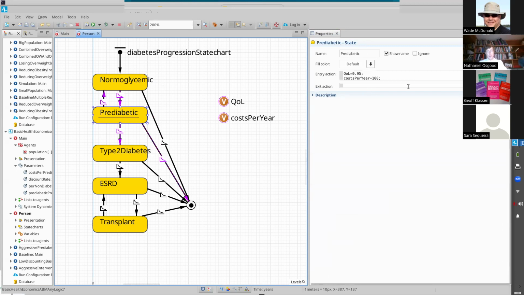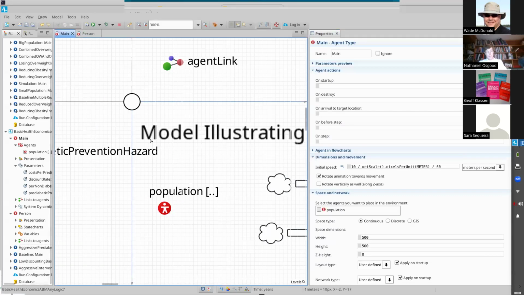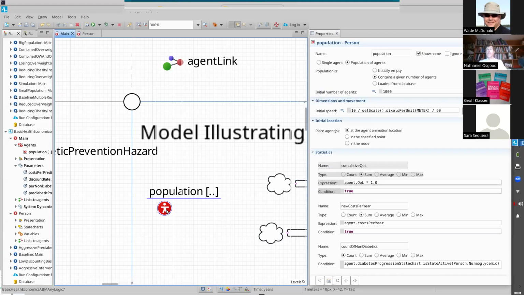Remember, this was assigned to 100 for this state, or 2,000 for this state, or $50,000 a year for this state. So each person has a value of this variable, and what the population statistic does is just total that up across the population.